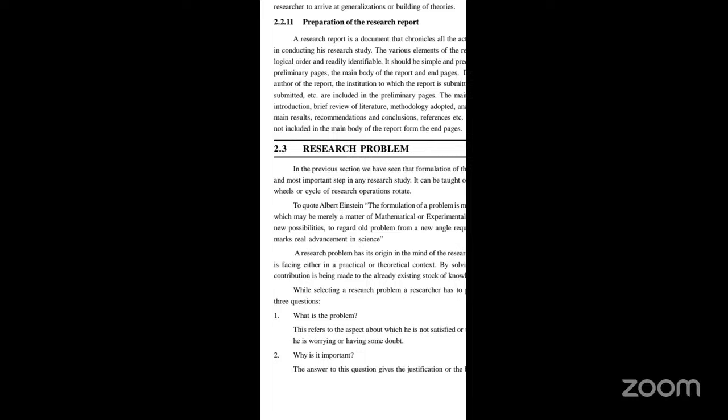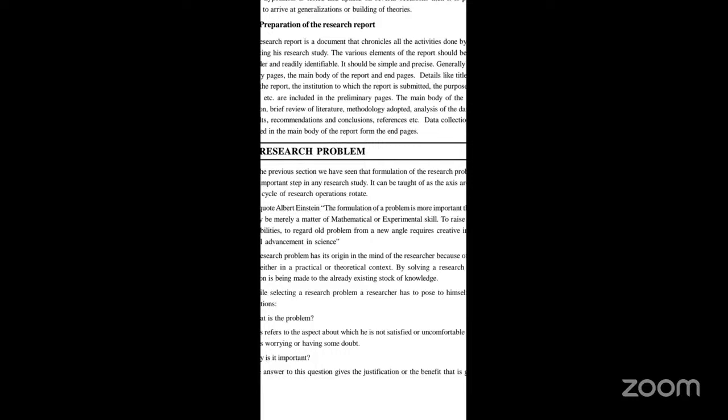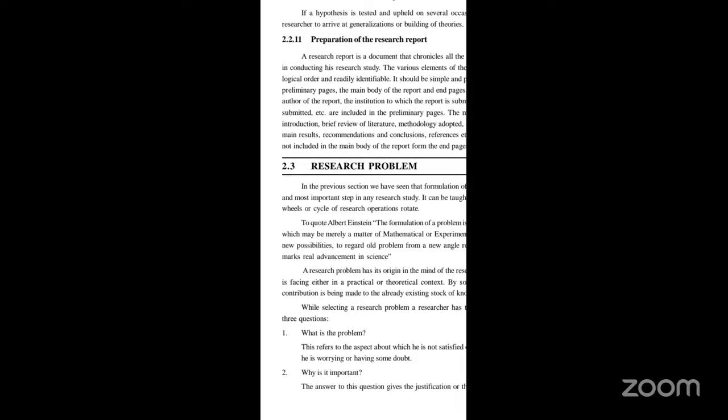While selecting a research problem, a researcher, so next one is what is the problem? Actually, what is the problem? It refers to some aspect with which the researcher is not satisfied or uncomfortable, or about which he is worrying and having doubt.